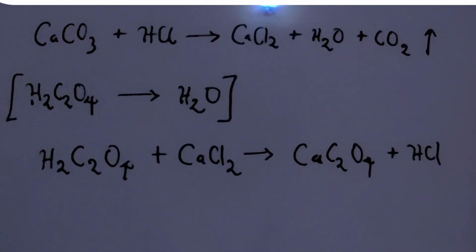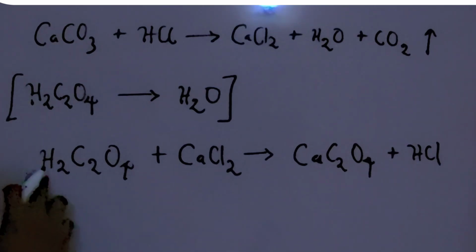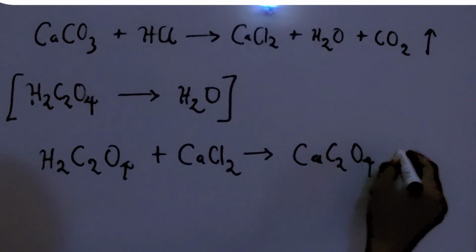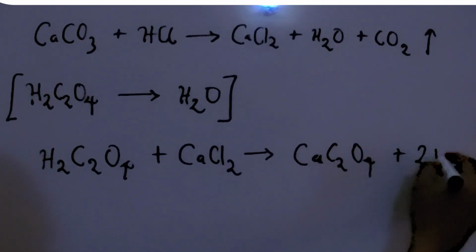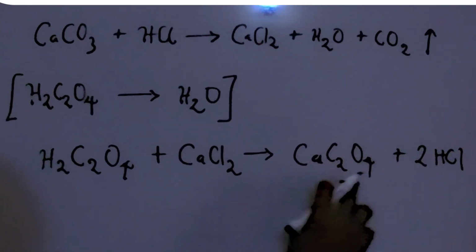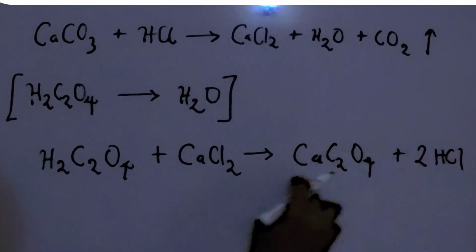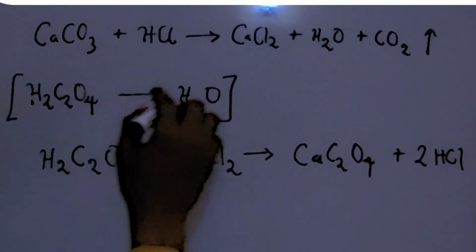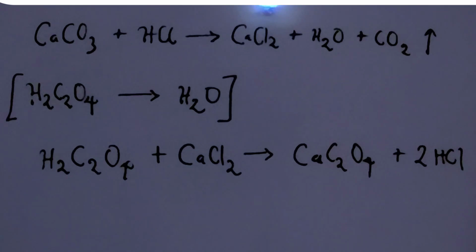Let's check if it's balanced. These two hydrogens, I should have 2 here. So I should have plus 2 HCl, 2 chlorine, and CaC2O4. Can you see that this is balanced? So this is our equation 1, and this is our equation 2.